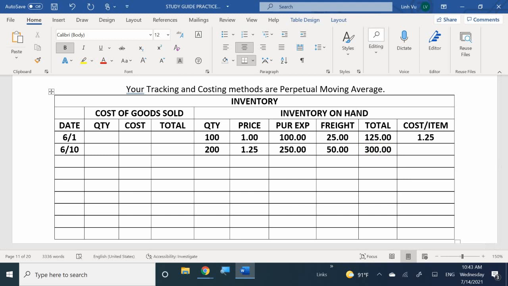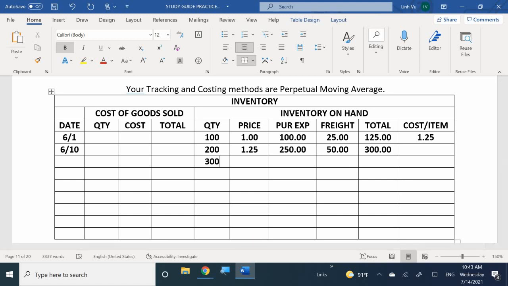Now, this is moving average. Do I need to calculate my cost per item here for this second batch? No, I don't, because we don't care about batches. What we have to do is get our totals for our inventory. Again, moving average. What's my total quantity here?